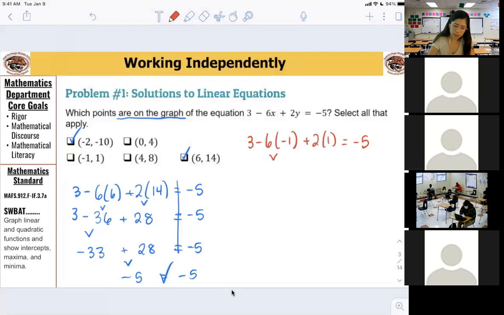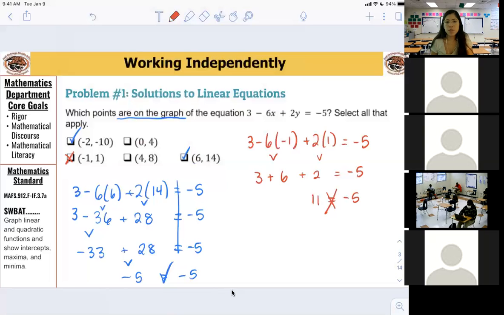Here, -6 times -1 is +6. So this is 3 plus 6 plus 2. 3 plus 6 is 9. 9 plus 2 is 11. And 11 does not equal -5. So that's why -1, 1 is incorrect.